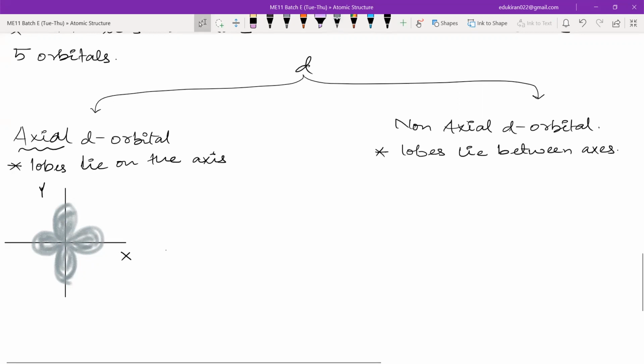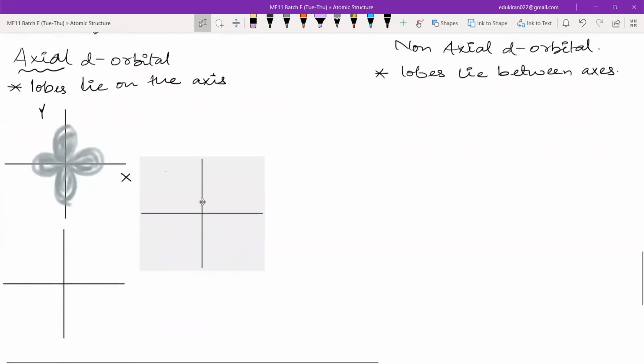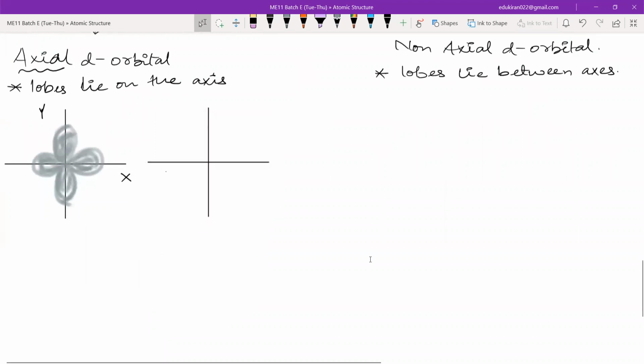Now, similarly, we have one more. Since here we have the electron density. Okay, let me write the other one. We will write the names.